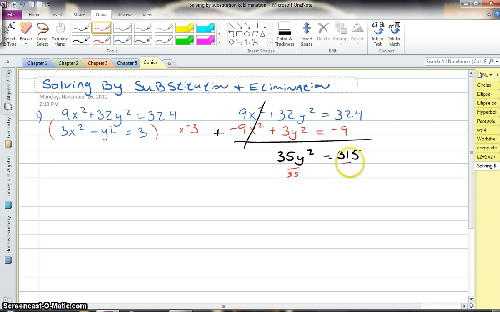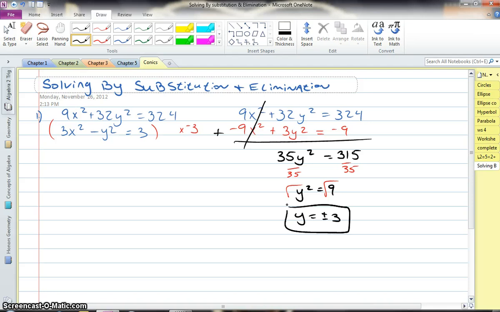So divide by 35, and I'm left with y squared equals 9. Square root both sides, and y equals plus or minus 3. So I have 2 solutions, positive 3 and negative 3 for y. For one variable, I have 2 separate solutions.